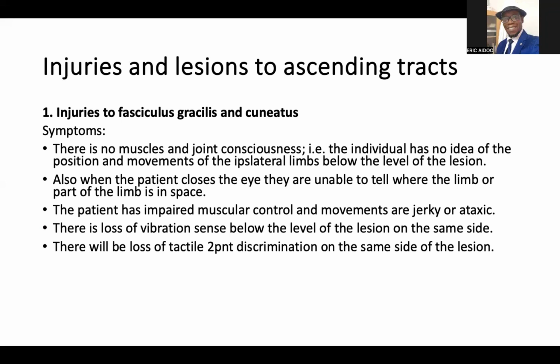Then there will be loss of tactile two-point discrimination on the same side of the lesion, because the posterior column is responsible for conscious proprioception and two-point discrimination, and therefore you are going to lose this.